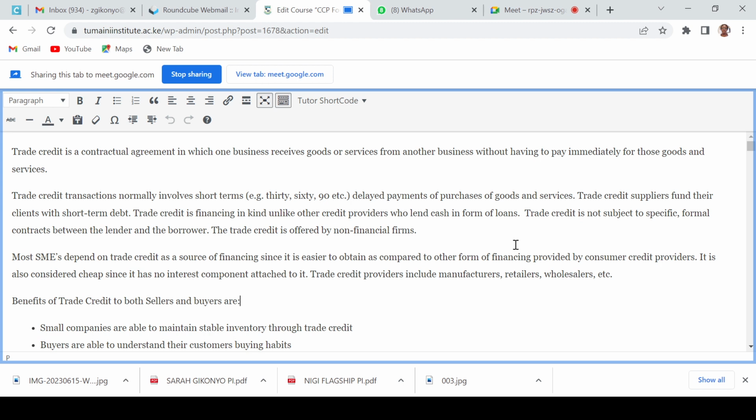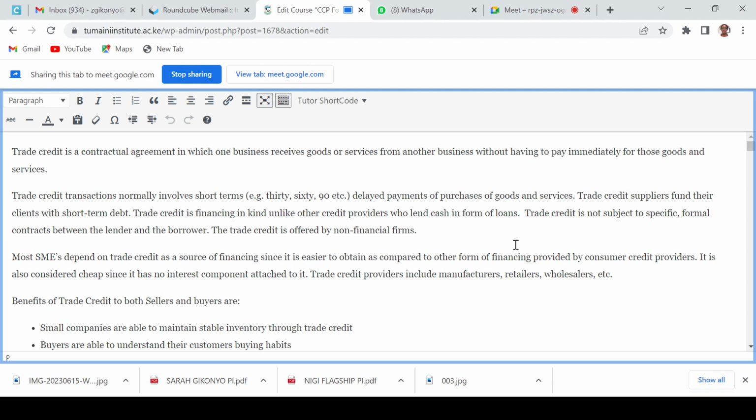So trade credit is not subject to specific formal contracts between the lender and the borrower. We are saying this is because it is non-financial. It has no legal requirements. Sijui ijaza form, sijui enda upigwe picha, sijui enda ulete nani.